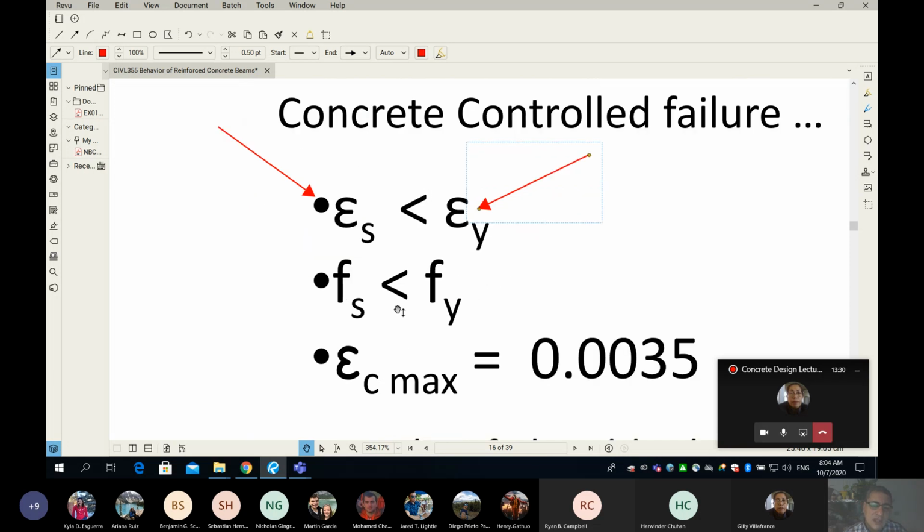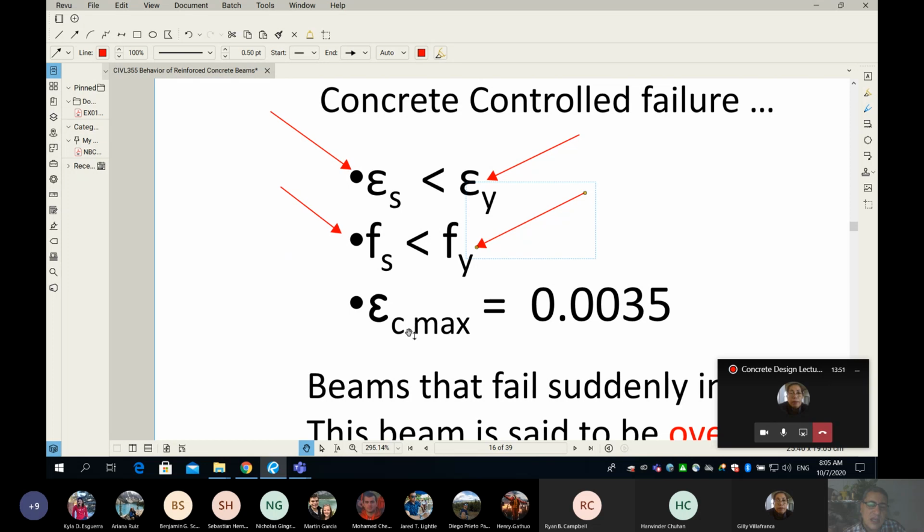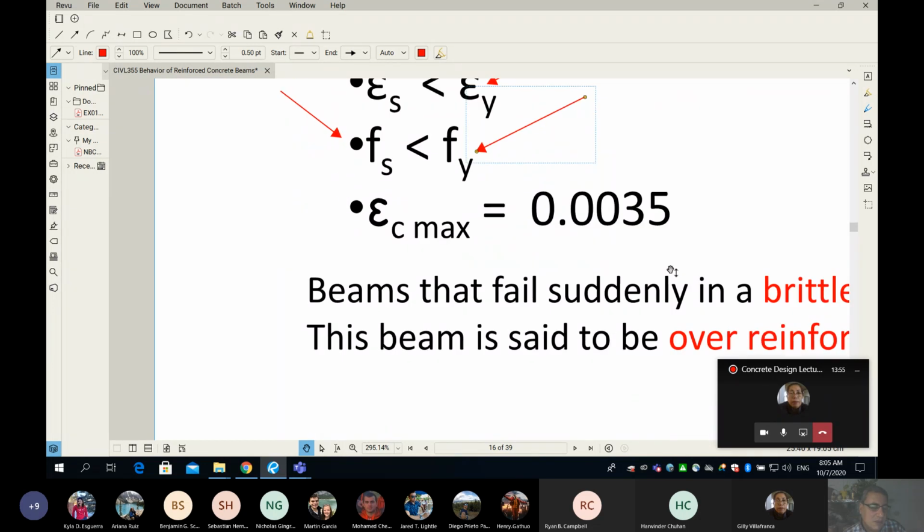In terms of the stress in the rebar, as we know, for this kind of failure, it is still less because we are before the yield point. So that's why the stress in the steel is less than the f yield. This number is equal to 400. And then the epsilon C maximum is equal to 0.0035, or 3.5 per thousand.